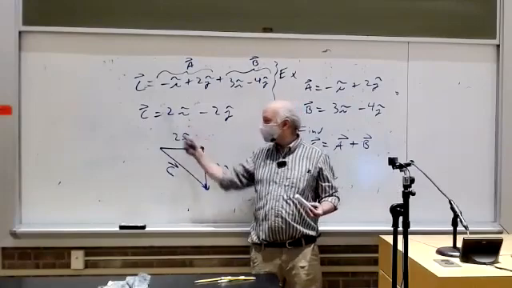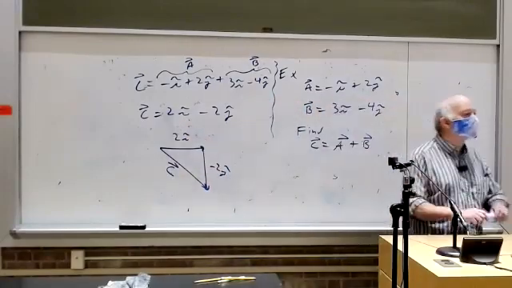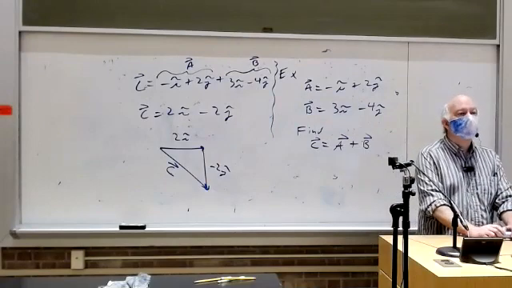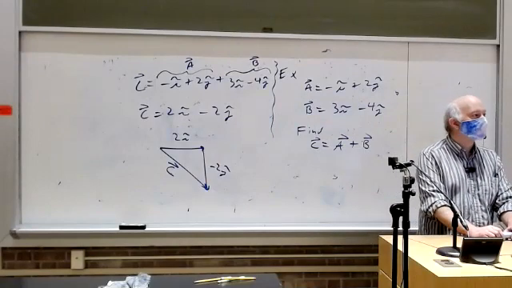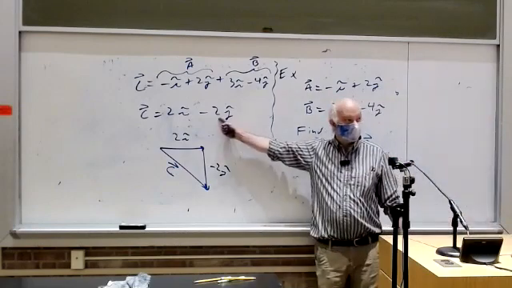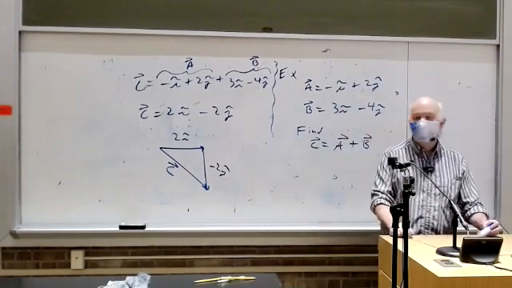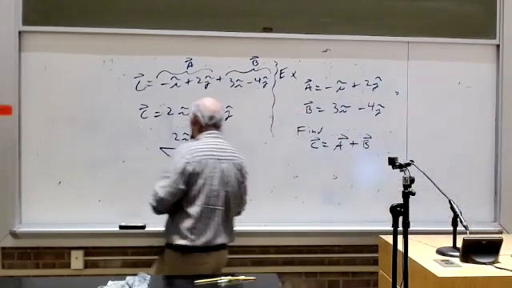So it has the length here in the X direction of 2. What about in the Y axis? What's the Y component? It's going to be minus 2, going down that way like this. Does that make sense?